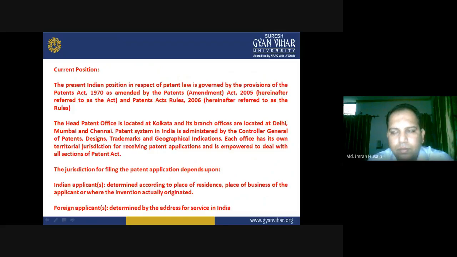Current position: the present Indian position in respect of patent law is governed by the provisions of the Patents Act 1970, as amended by the Patents Amendment Act 2005, hereinafter referred to as the Act, and the Patents Rules 2006, hereinafter referred to as the Rules.